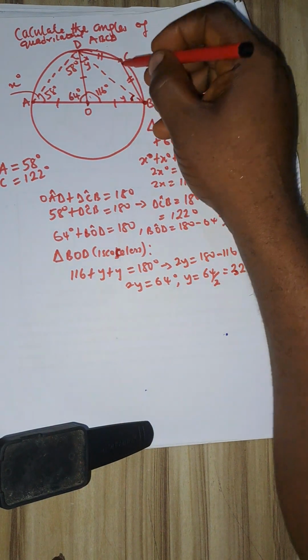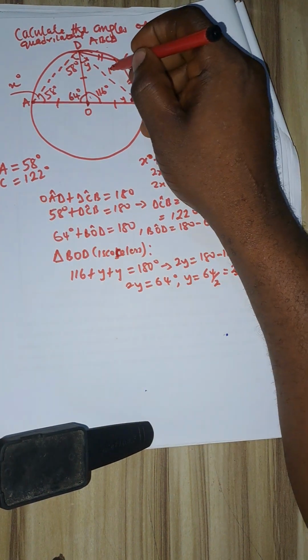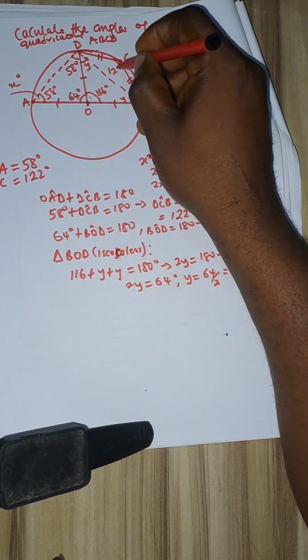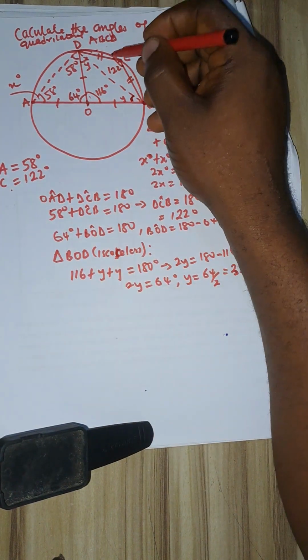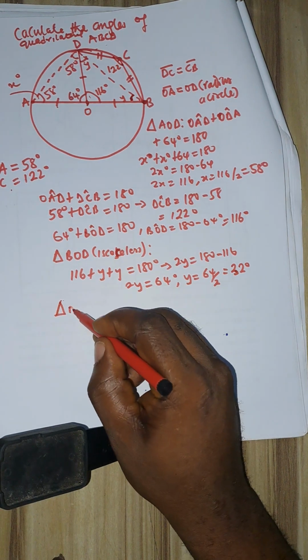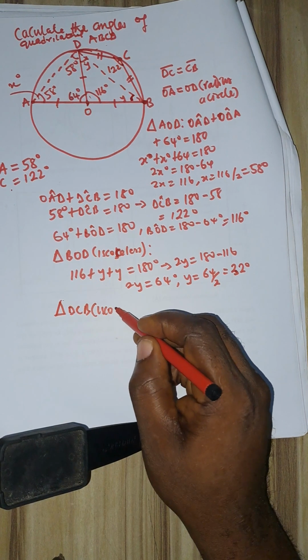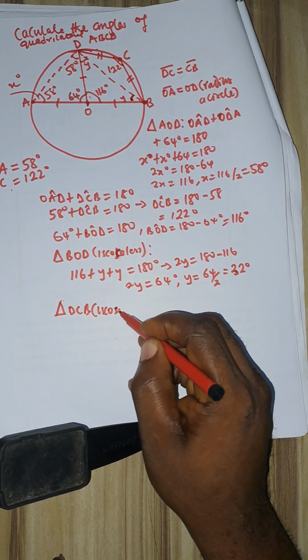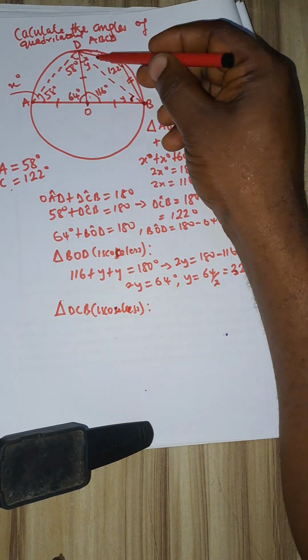Now, we calculated C to be 122 already. Okay, so triangle DCB is also an isosceles triangle. So what that means is that the base angles are equal.